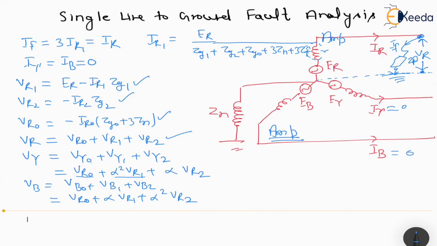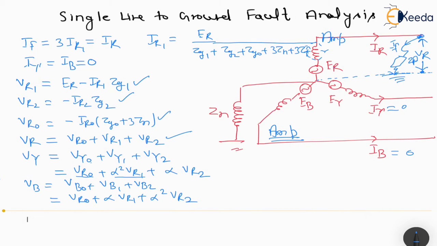In the same way we have found the value of VB, meaning still we are doing the calculation on R phase. We do not need to do the calculation on phases Y and B. So this was the advantage we were talking about when we were studying the unsymmetrical fault analysis, and how with the help of sequence components we can still do calculation on a single phase basis, and we do not need to calculate on Y phase and B phase. So this is all about it.